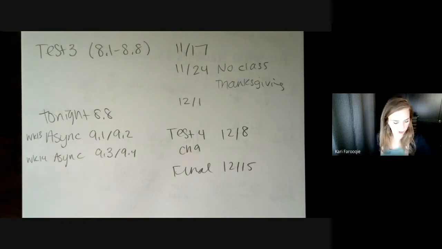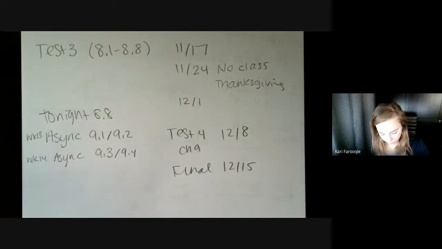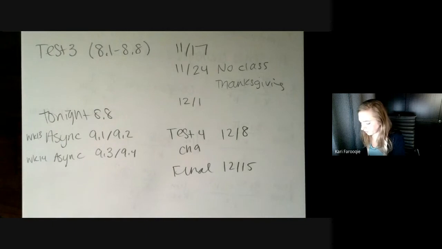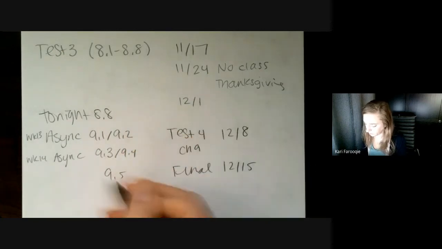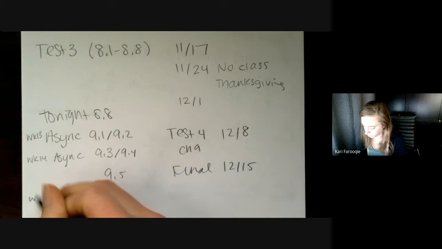Chapter 9 has, I want to say, 6 sections. I can't remember, maybe we go through 5. Yes, 6 sections. 9-5 and 9-6 are going to be one section per day kind of sections. 9-5 is probably what I'll do here, and then 9-6 will just cover async week 15.